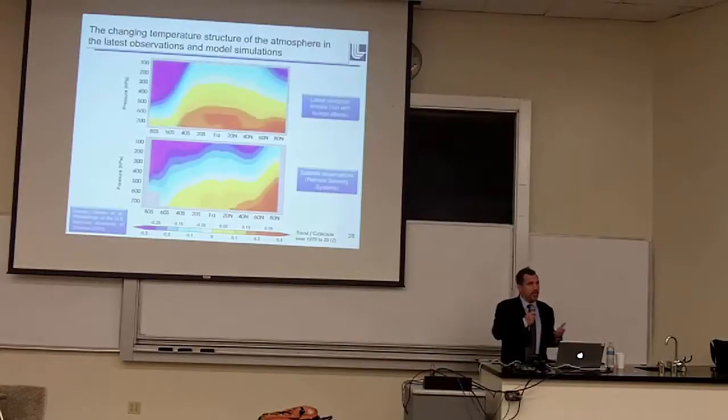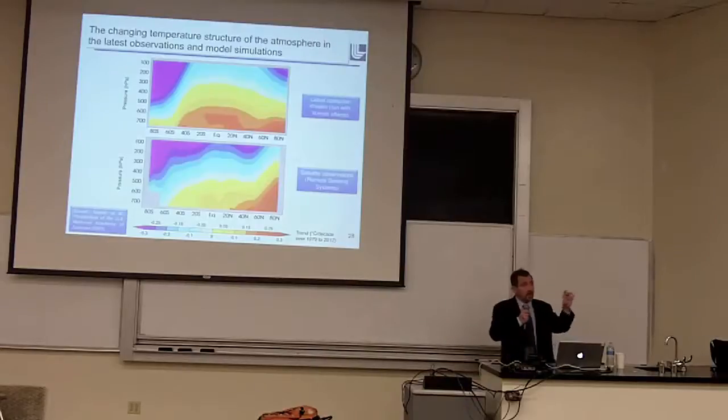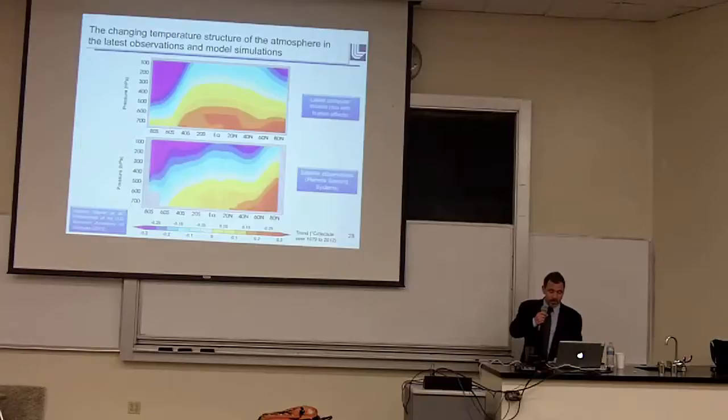And when you run model simulations with combined changes in greenhouse gases, particulate pollution, stratospheric ozone, there are some differences between the simulations. Those are results from about 28 climate models with human effects. But to first order, you see this same warming low down, cooling up high. And that is fundamentally inconsistent with the sun, with natural cycles, with volcanoes, or with some combination of the sun, volcanoes, and natural cycles.